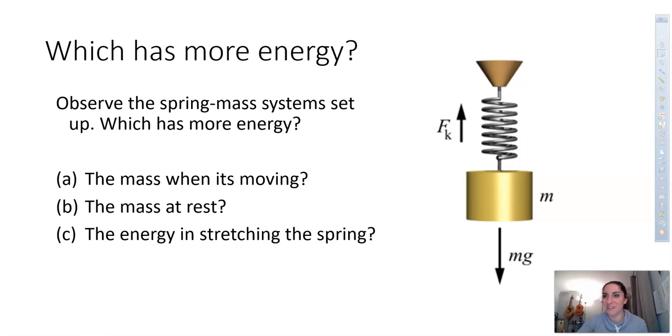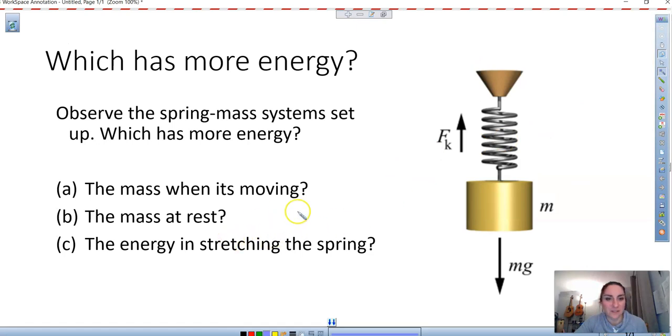It turns out that of the three here, the one that has the most energy, if I were to calculate this, is not necessarily at rest, but more that it's at a displacement or at a height.